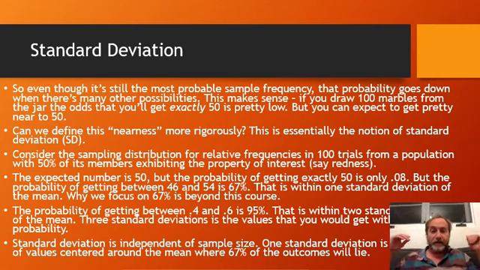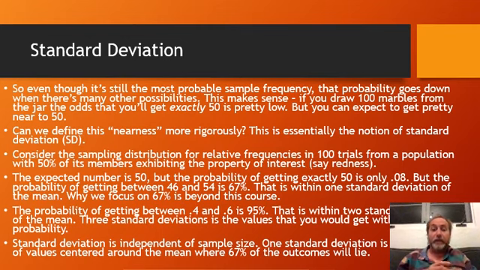The distribution for relative frequencies in 100 trials from a population with 50% of its members exhibiting the property of interest. The expected number is 50 in 100 trials, but the probability of getting exactly 50 is only 0.08.